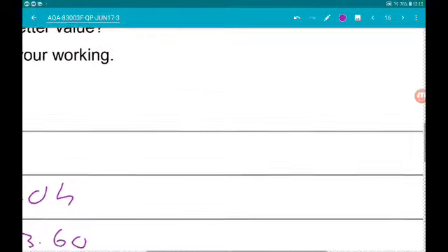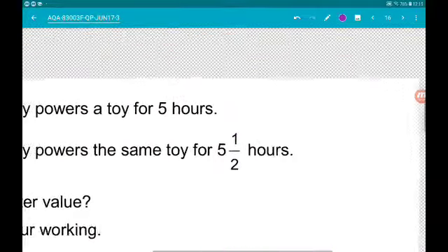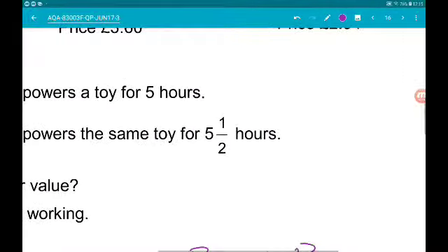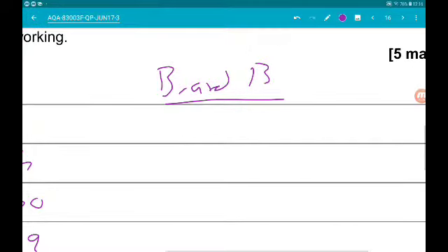Okay, let's do the same for B. Okay, so here we get 6 batteries, and each battery lasts 5.5 hours. So 6 times 5.5 hours is 33.